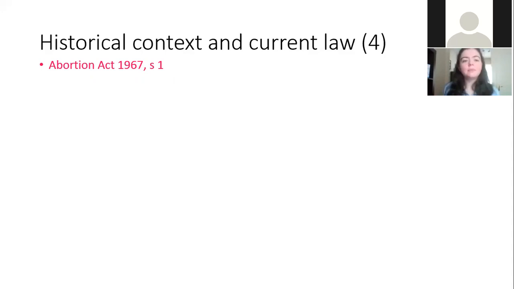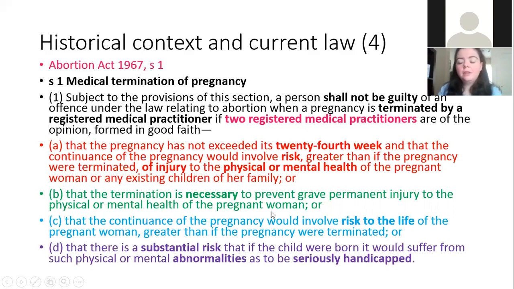And again, campaigns throughout, but really things started changing in the 60s with the availability of the contraceptive pill and general attitudes to sex changing. And then the Abortion Act 1967 was introduced, came into force in 1968. This is the one that we're operating with mostly now. So this is essentially the basis of the current law.